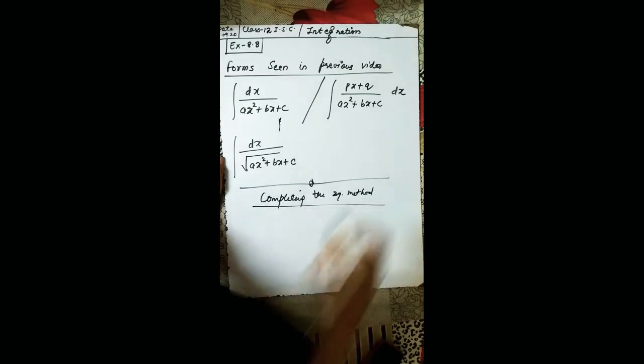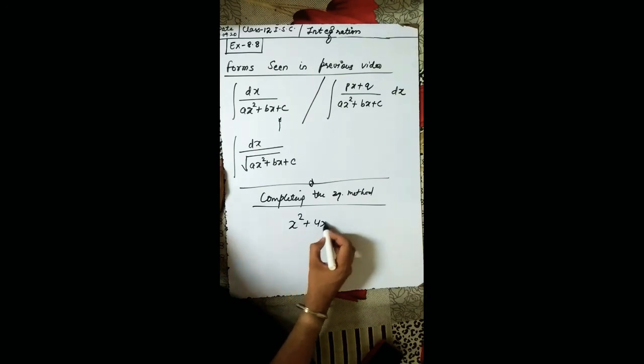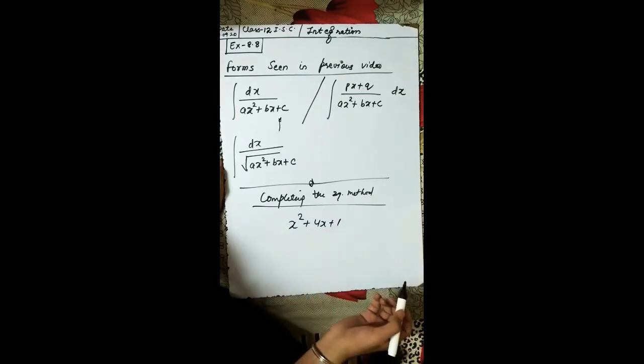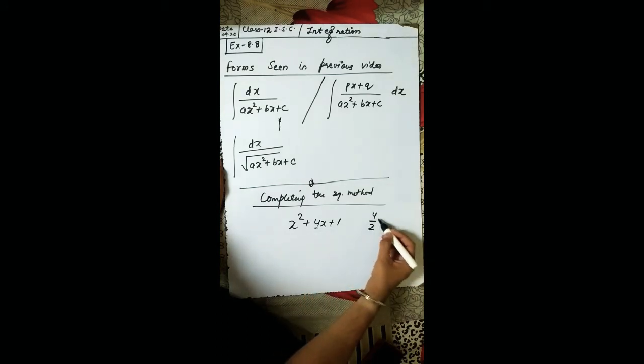If you are remembering it, say for example, if you have x square plus 4x plus 1, we see the coefficient of x, that is 4, divide by 2, we get 2, and we square it.